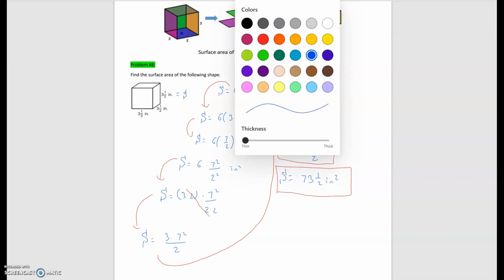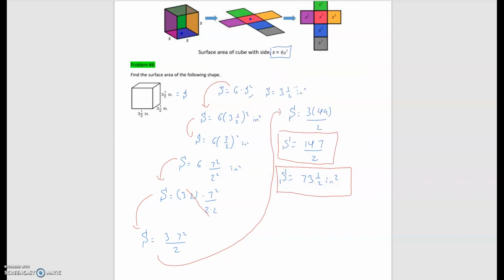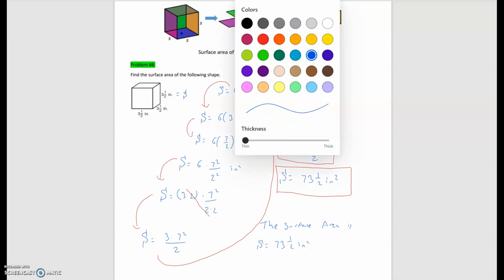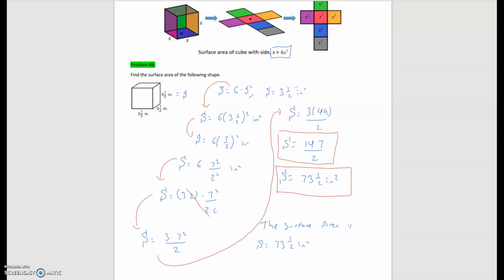Okay, so let me write it as a sentence. In this case, the surface area is s is equal to 73.5 inches squared. So it did turn out to be a little bit messy, but not that bad.